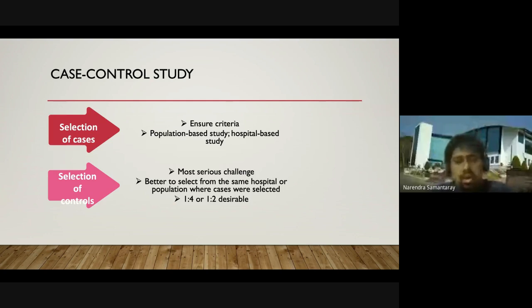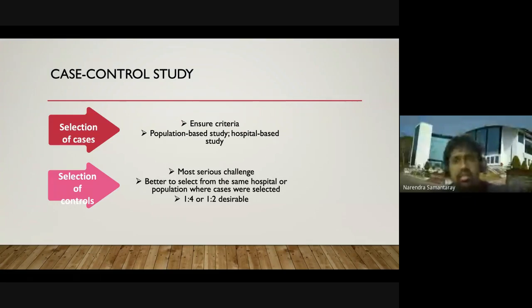That is a good control for them. Otherwise, family members of the cases, their relatives or whoever are attending, or relatives of other patients who are admitted for different conditions. That also can be the controls, provided we are matching in all other respects.